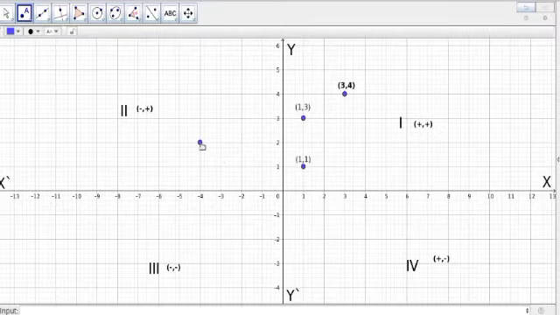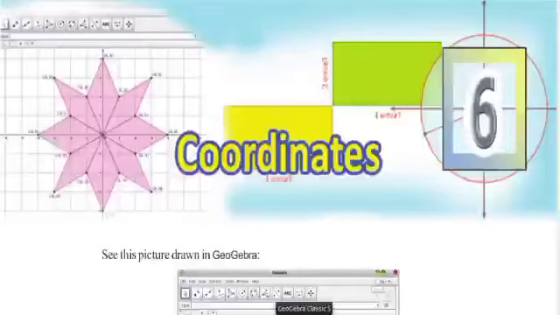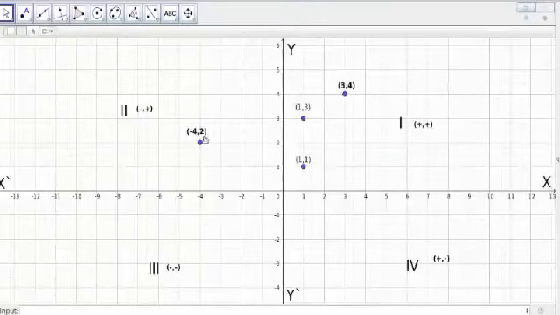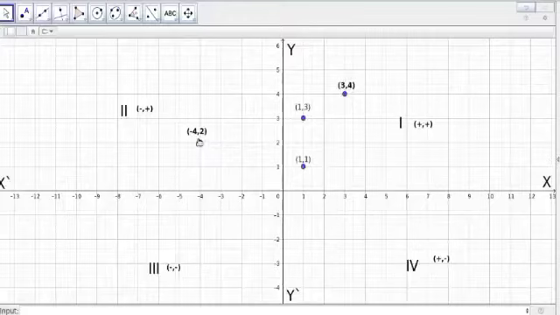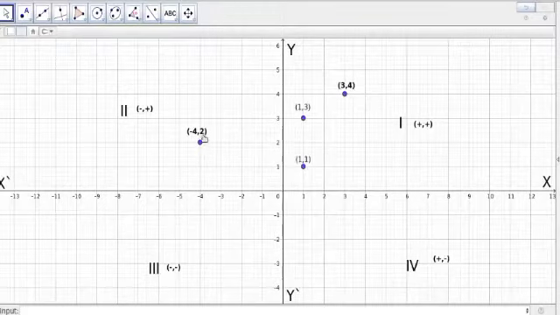So the coordinates of this point are -4, 2. First we write the x coordinate, then we write the y coordinate.